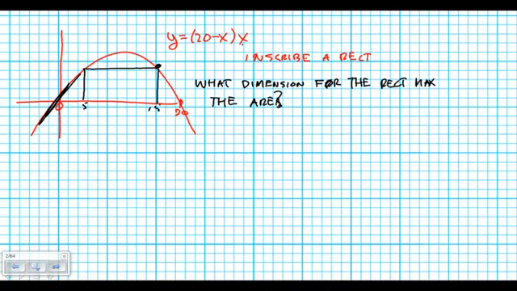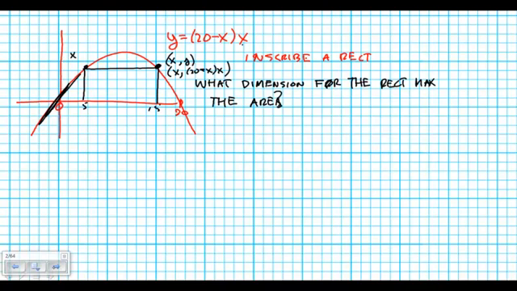This point right here is the point x comma y. Oh wait, this point here has the relationship: it's x comma (20 minus x) times x, and so is this point here.